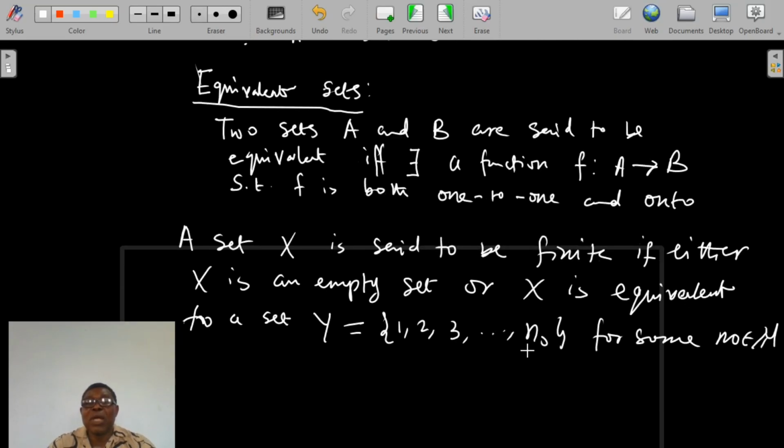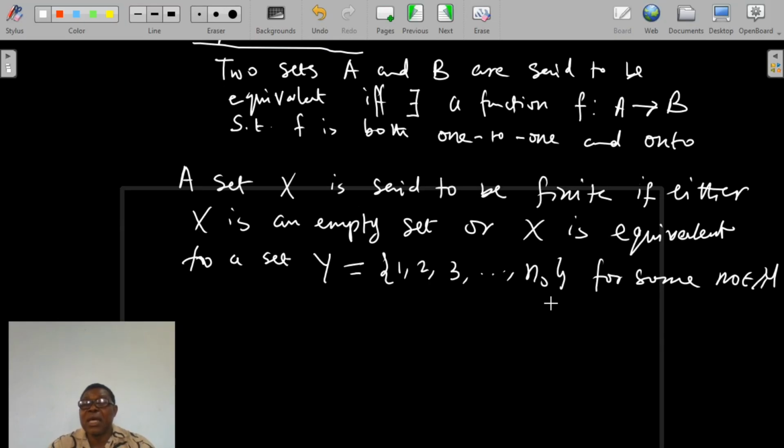So whenever a set X is either empty or equivalent to a set of this form for some n naught in the set of natural numbers, we call X a finite set.